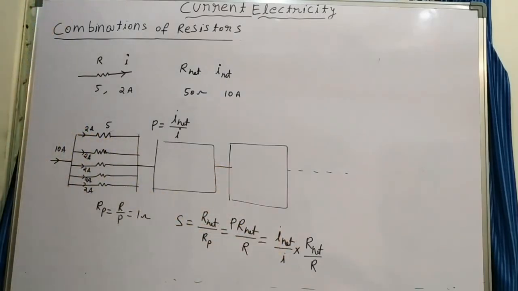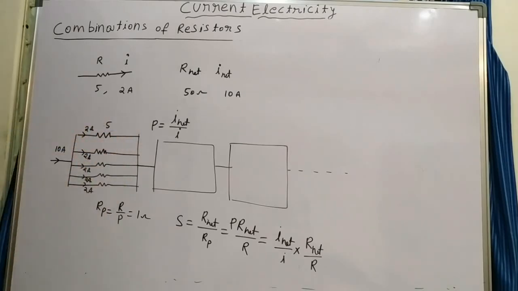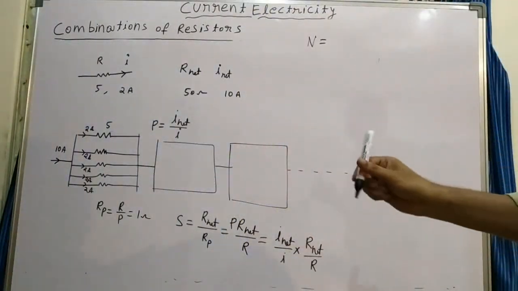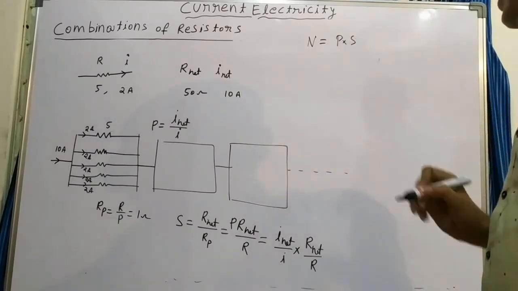And in total how many resistors are required? This many sets are there in series, and each set has P resistors. So the total number of resistors is parallel into series.